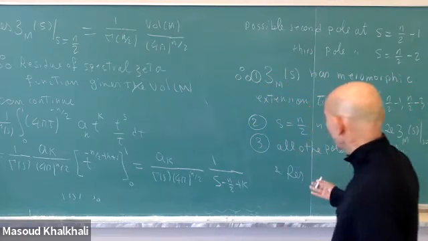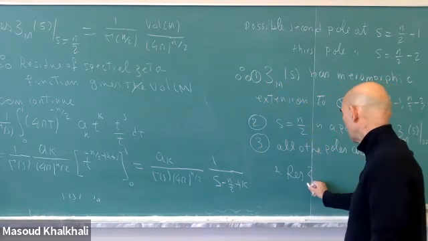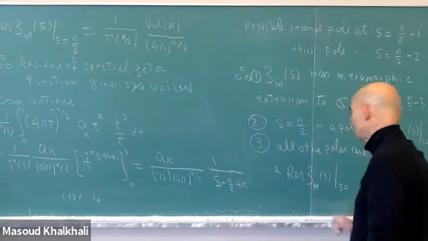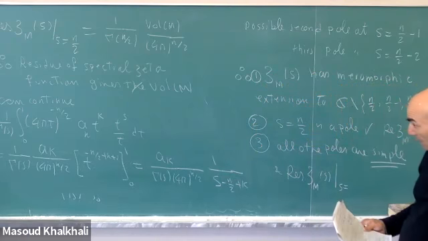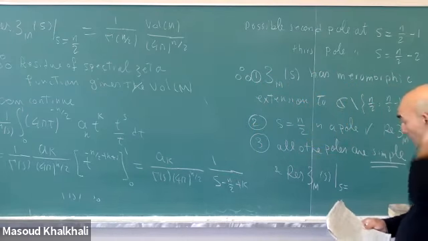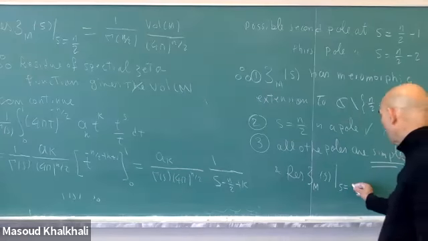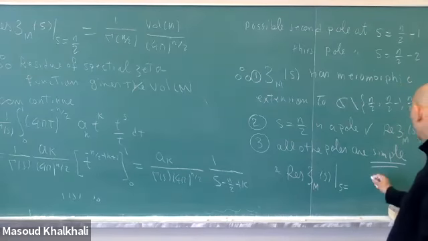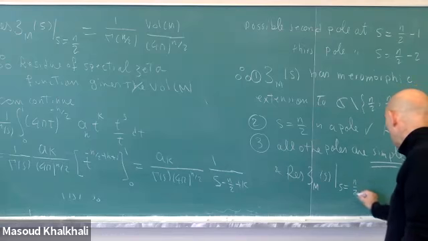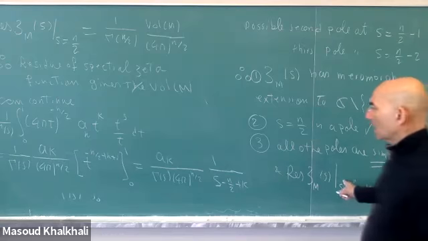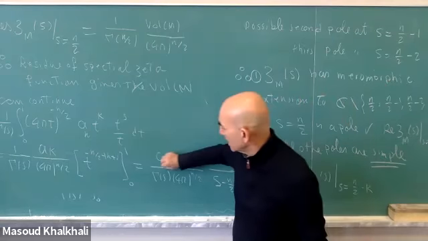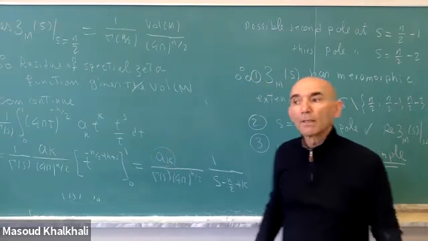And residues, if you compute residues of zeta m at s equal to these possible poles n over 2 minus k, they are related to heat kernel coefficients, right?